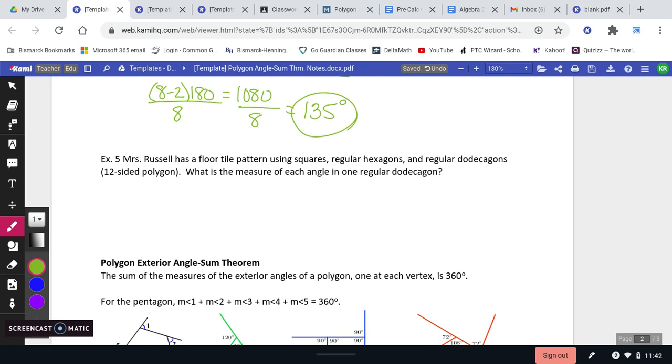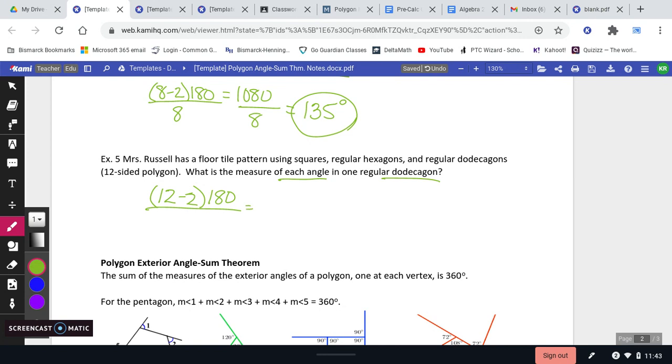Okay, example 5. I have a floor tile pattern using squares, regular hexagons, and regular dodecagons. A dodecagon is a 12-sided polygon. So my question is, what's the measure of each angle in just one of those dodecagons? All right, so I'm looking at 12 sides, but I'm going to subtract 2 because it has 10 triangles in it.